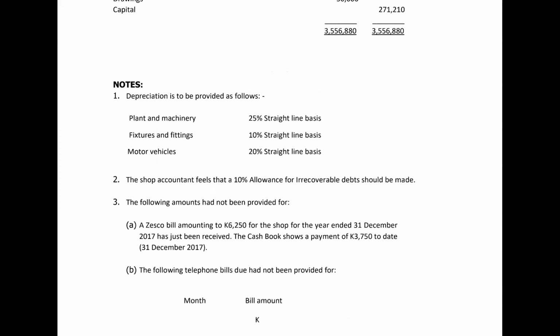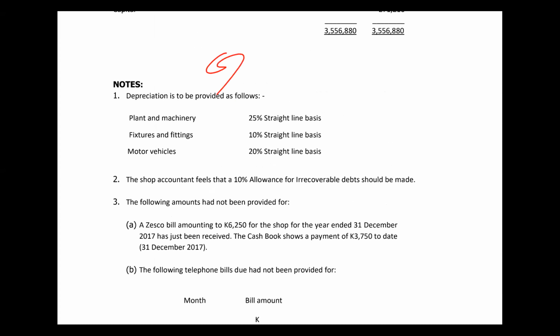They're saying, number one, the plant and machinery, it is on 25% straight line basis. That's a depreciation. So how do you do straight line? Look at this. You just say percentage times the cost. That's how you get the depreciation. You're following, eh? Percentage times the cost.